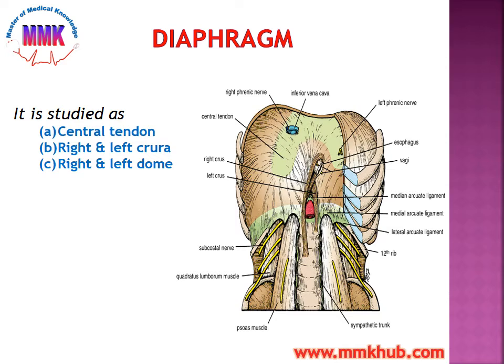When we study the detail of the diaphragm, we can divide it into a central tendon, right and left crura, and right and left dome of the diaphragm.